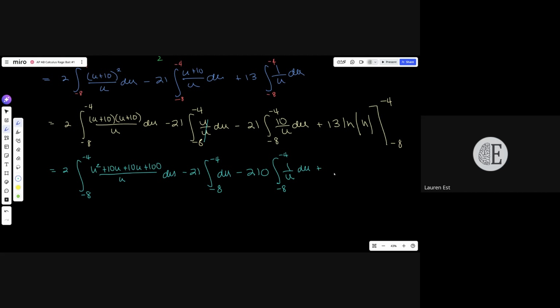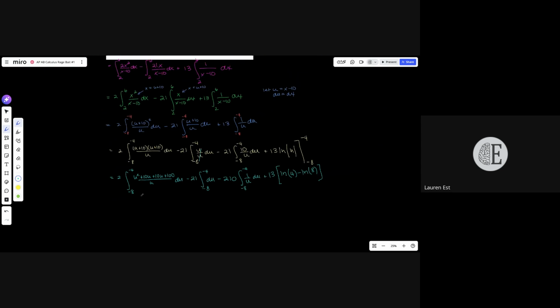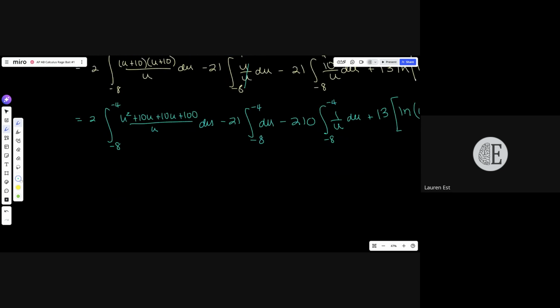I'm going to go ahead and get started on this as a 13 times ln absolute value of u would be ln of 4 minus ln of 8. We keep going. I'm going to take this u squared plus 20u plus 100 over u du.